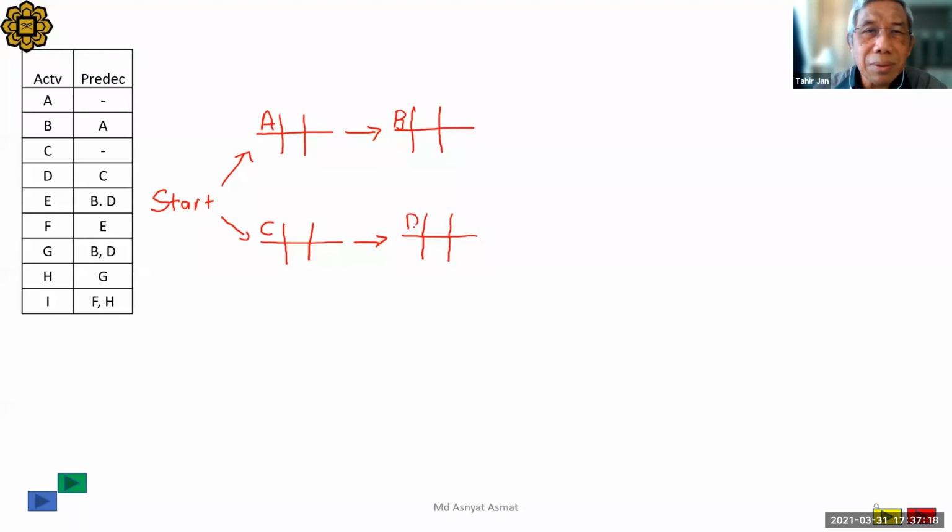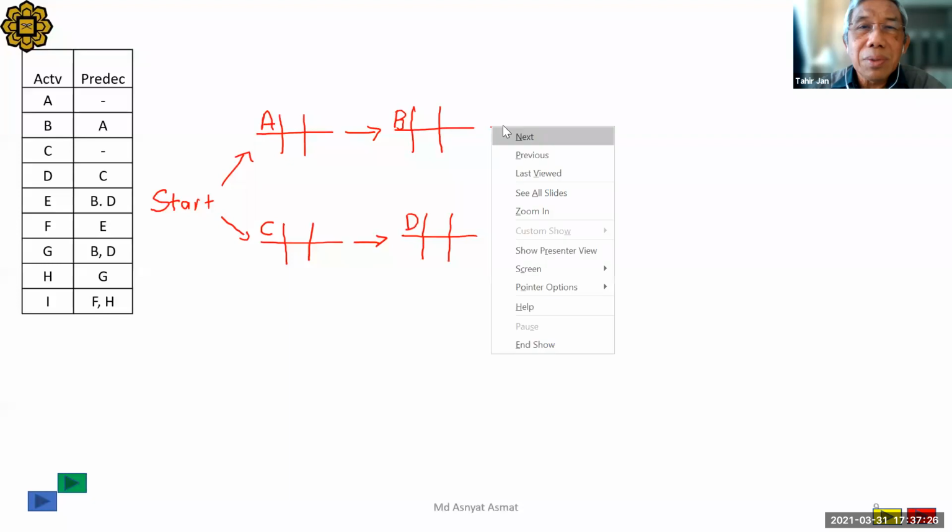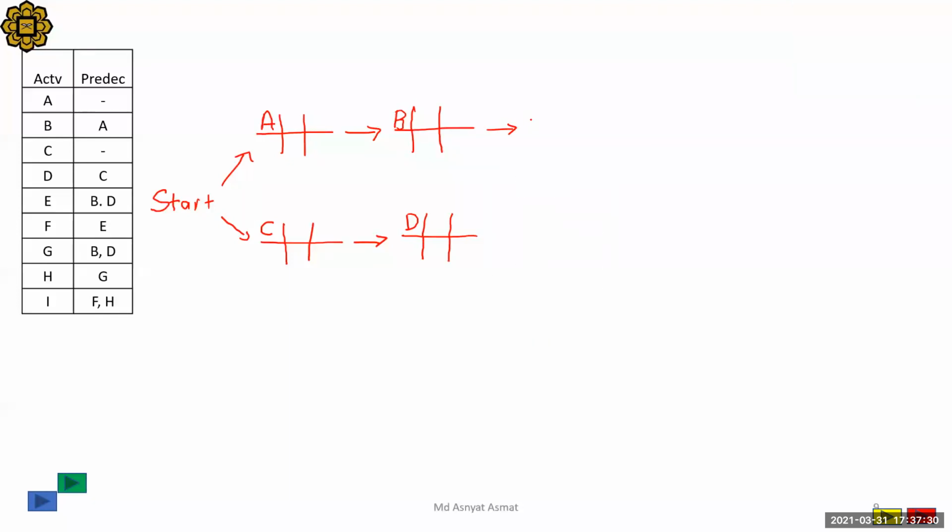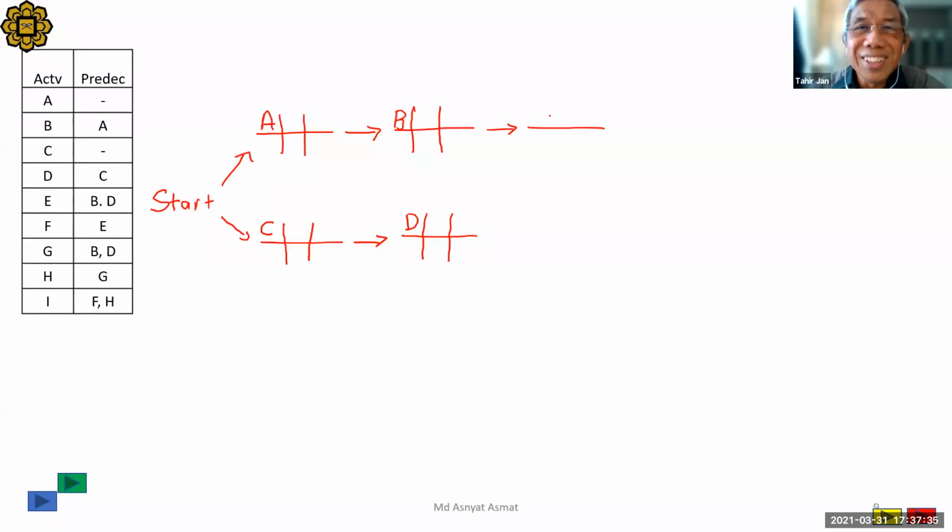D is after C. And then E is after B and D. One by one.